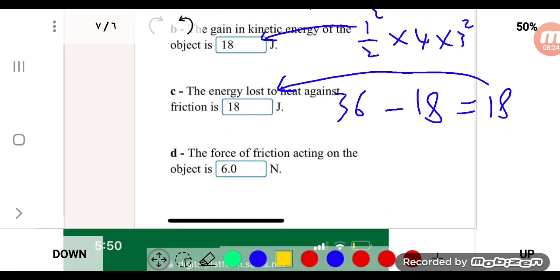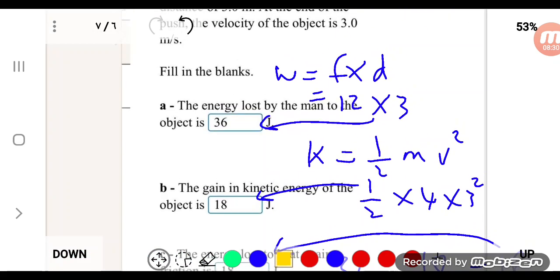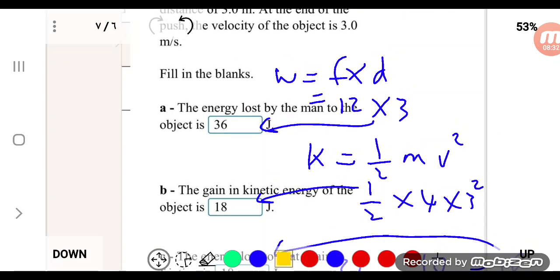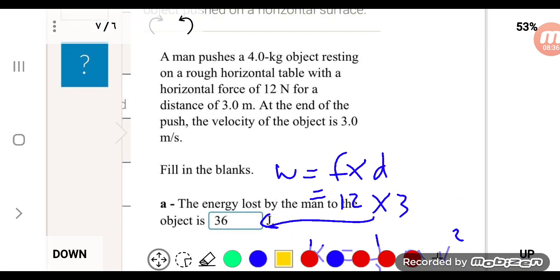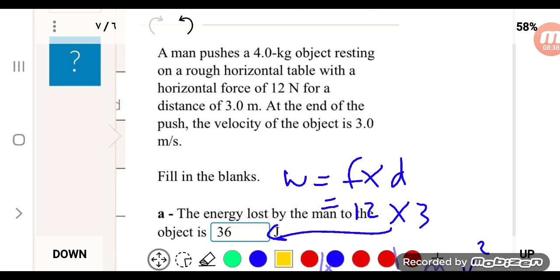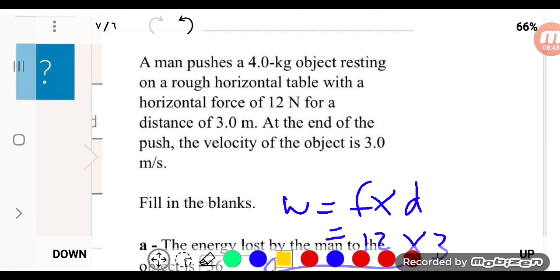Then what is the force of friction acting on the object? Let's read the question again.